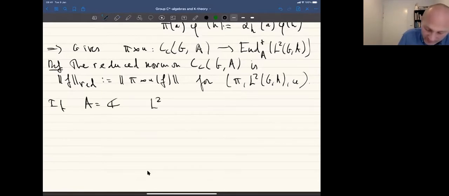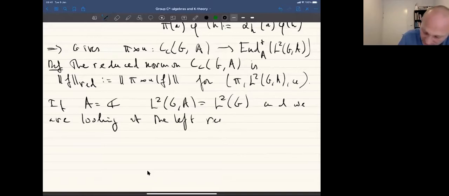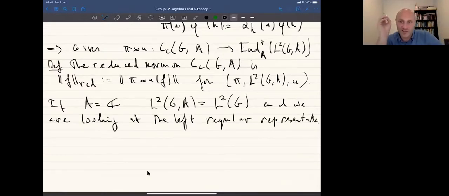And if A is C, then L2(G,A) is just L2(G), and we are looking at the left regular representation. So in some sense, you could call this representation that I just defined the left regular representation of a G-C-star algebra on this Hilbert module.